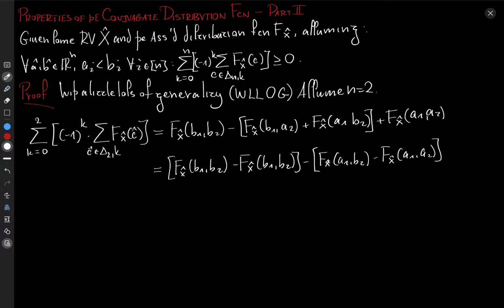And lo and behold, perhaps a picture is in order. Right, so we will have the axes. So the y-axis and the x-axis. And thereon we have some points. Right, so we have here a1, say a1, and b1 and b2. Like so.